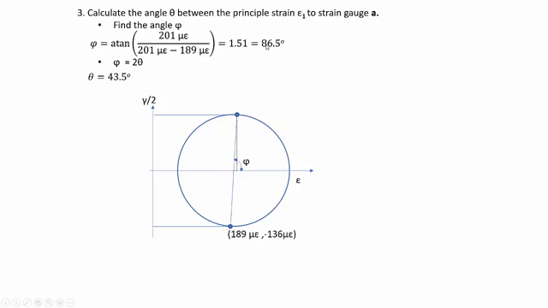So we get 86.5 degrees. Since the real rotation angle is only half of phi, we get a rotation angle equal to 43.5 degrees.